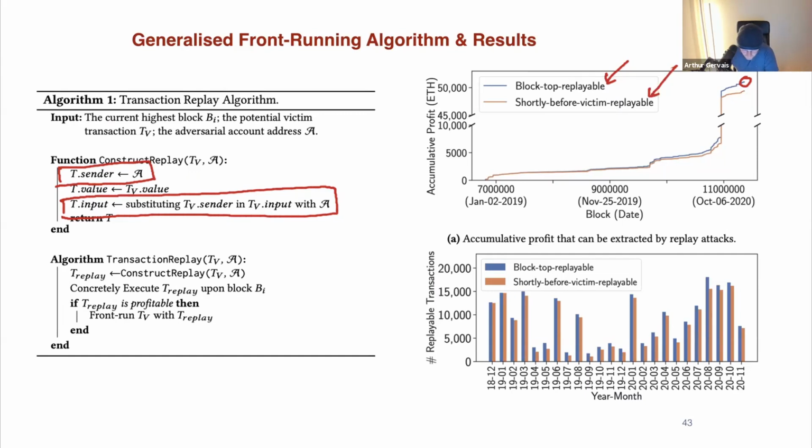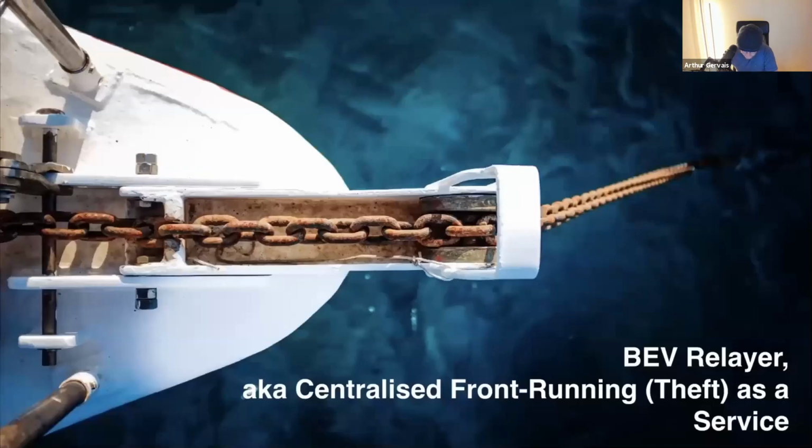So this is just to show you an example of a generalized front running algorithm, and how much revenue this could have made given past blockchain data. Obviously, these are idealized numbers, because in reality, there's still a lot of uncertainty with the peer-to-peer network and the execution order, etc., especially nowadays for competitive real-time trading.